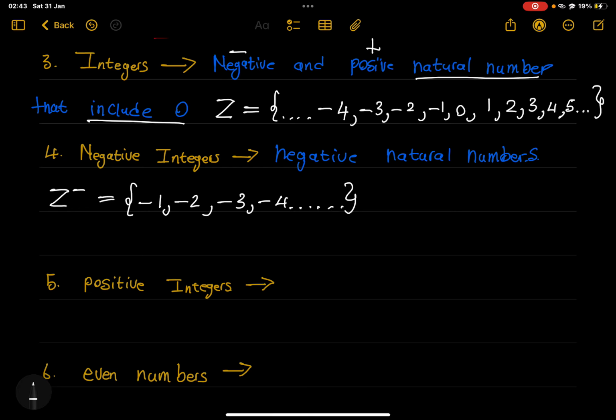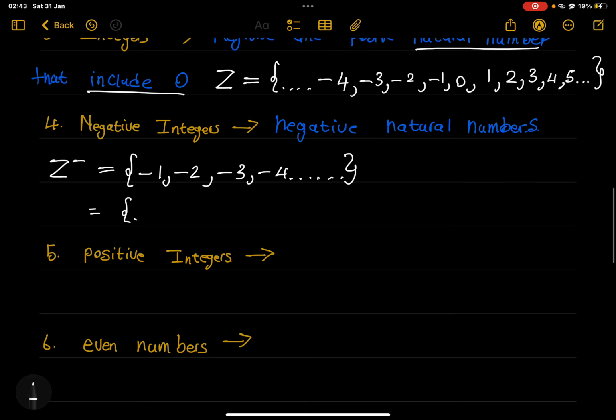Or you can put it this way: you put your ellipses, then -4, -3, -2, -1.